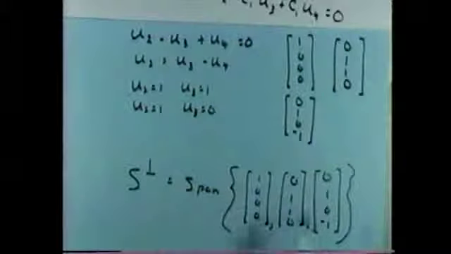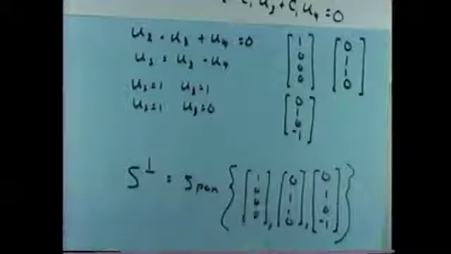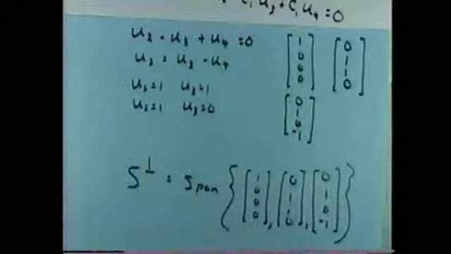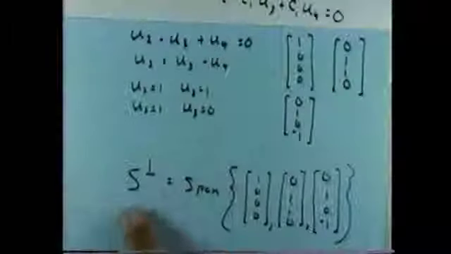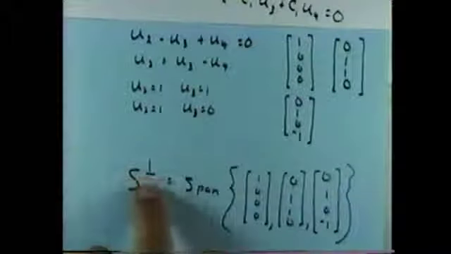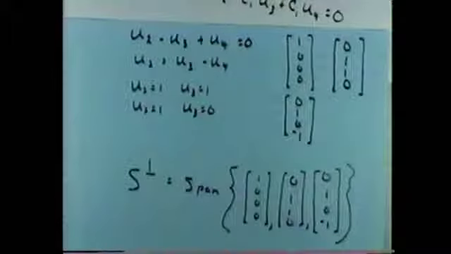Now this is one of many bases, so you could write the basis in several different ways, but that's one that would make it true. So that's one way of finding the orthogonal complement of S.